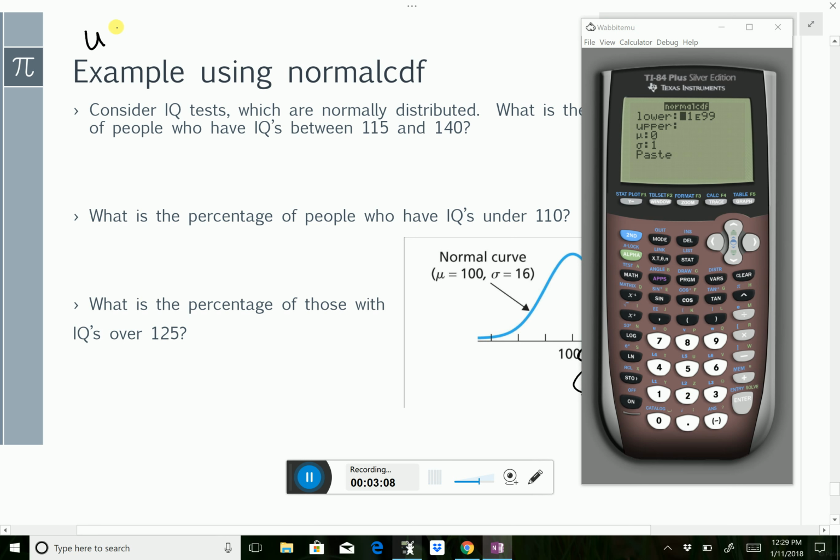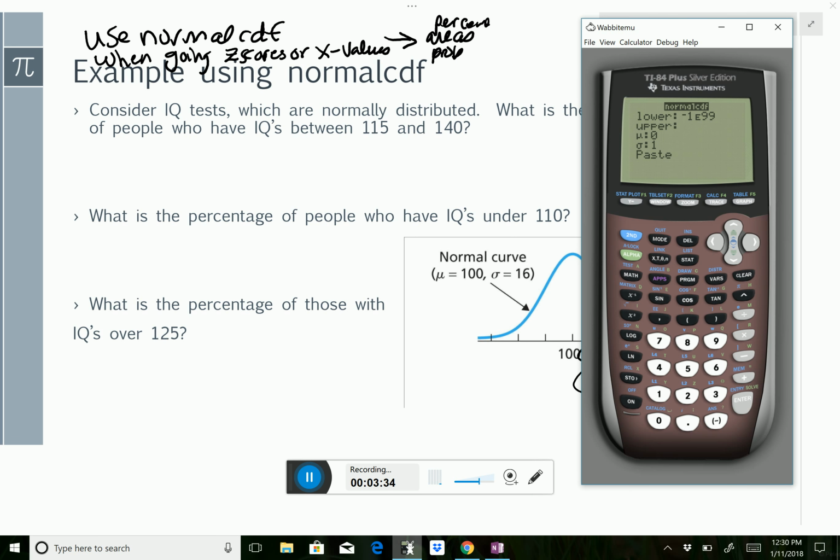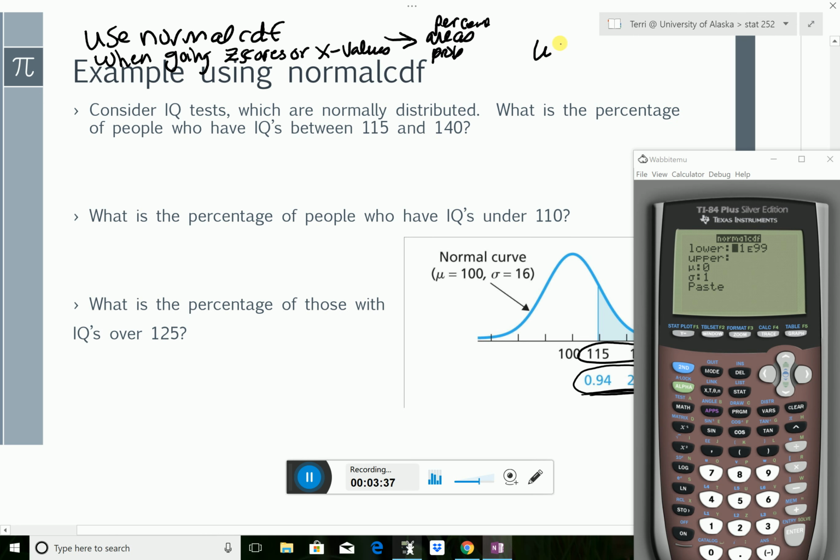So we use normal CDF when we're going from z-scores or x values to areas or probabilities or percents, and we use inverse norm when we're given areas and we're going to find z or x values.